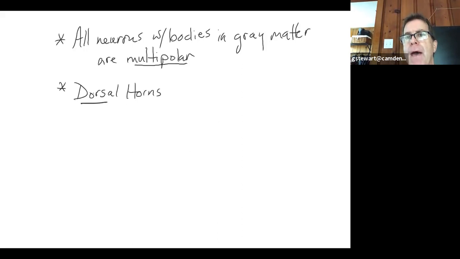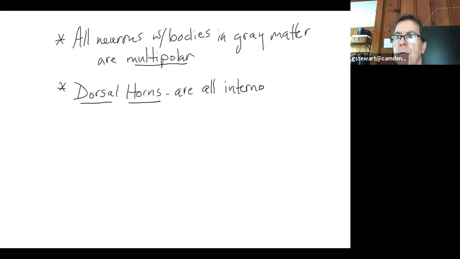Within that gray matter, the dorsal horns are all interneurons. That's a functional classification.